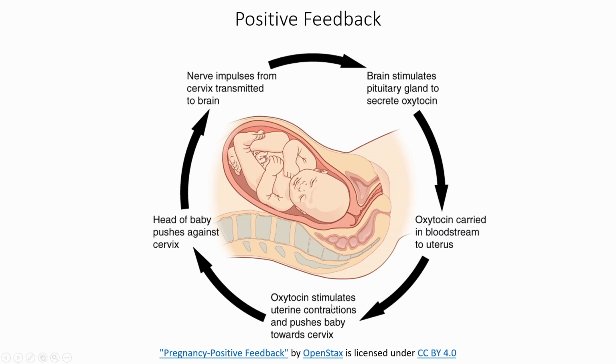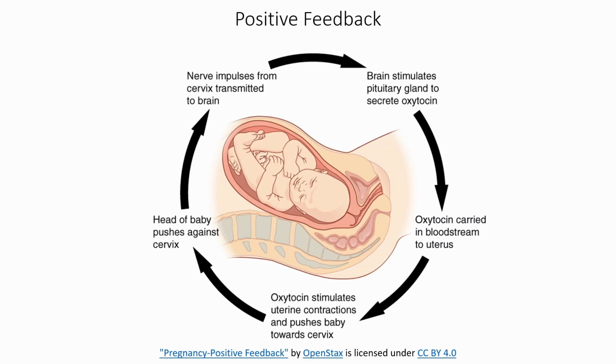More oxytocin gets to the uterus, which contracts even more because of the higher levels of oxytocin. That causes even more pushing and stretching against the cervix, more impulses to the brain, more oxytocin being released, more oxytocin being received by the uterus, more contraction.